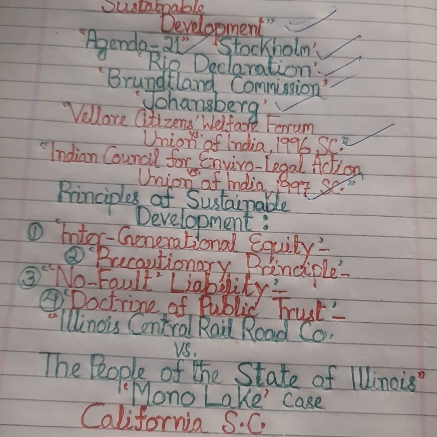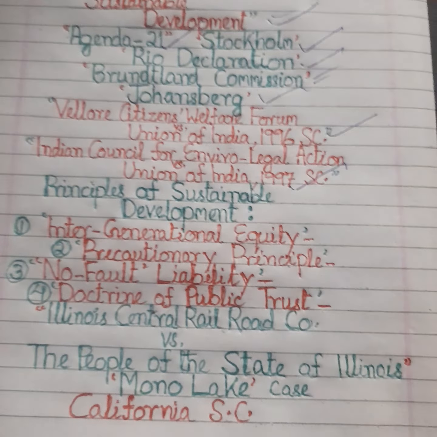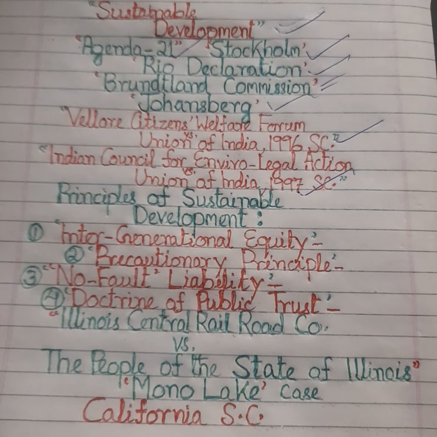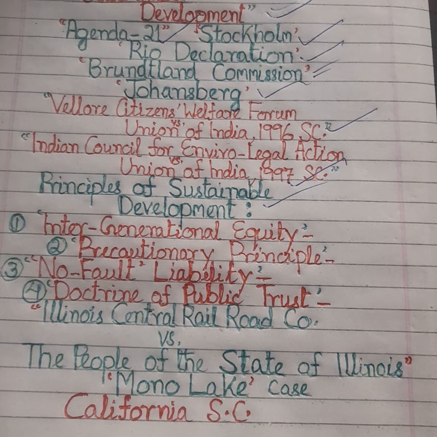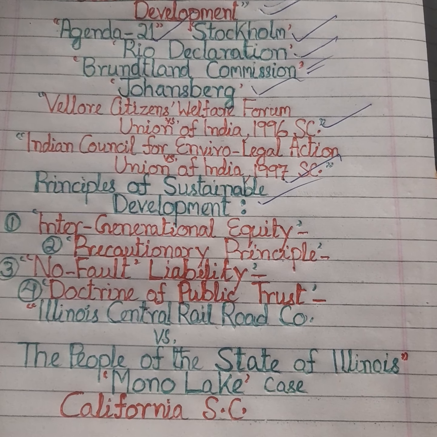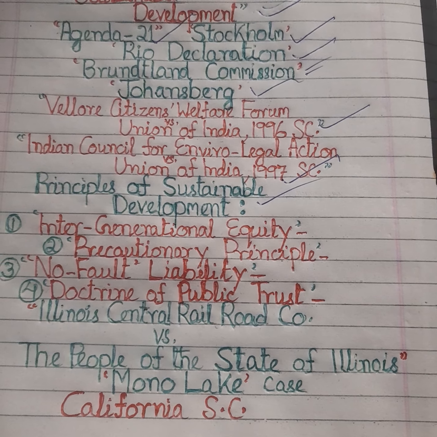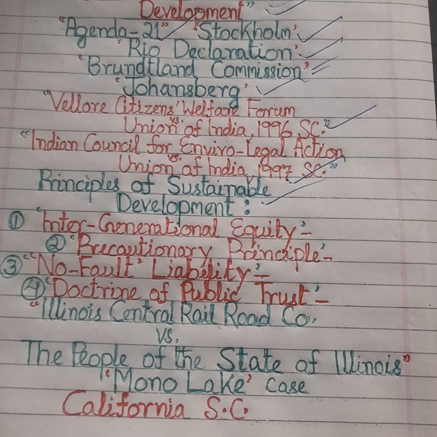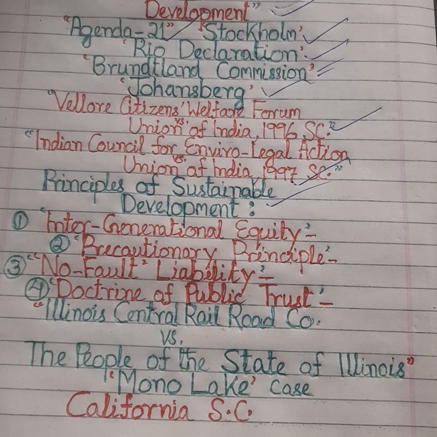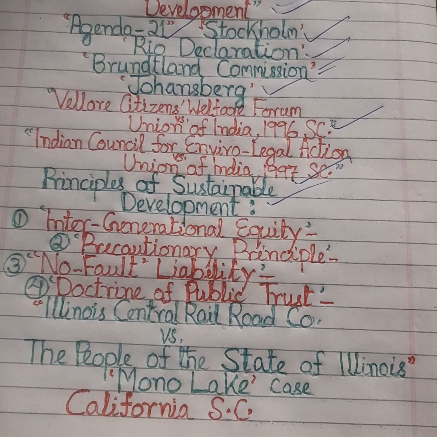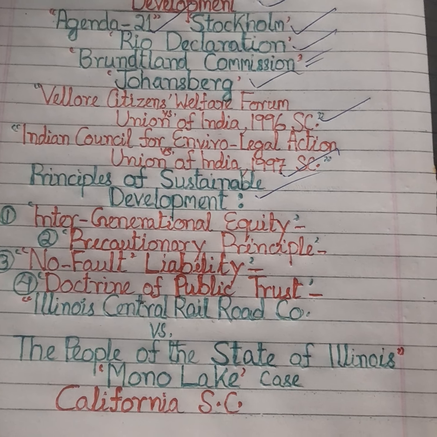In regard to that, the Brundtland Commission's recommendation on sustainable development, the report of the Brundtland Commission, and some other international documents spelled out certain principles for effective working and efforts towards the achievement of sustainable development.